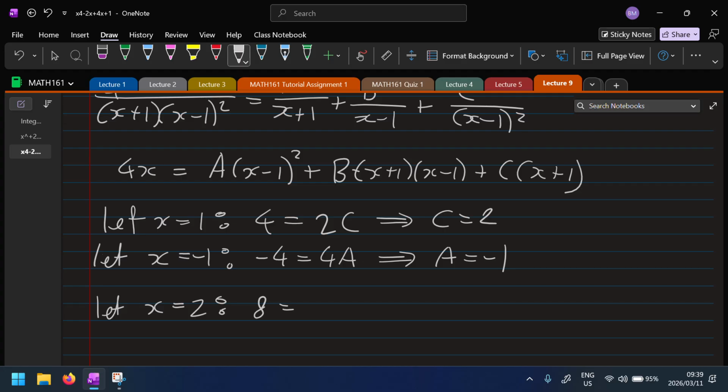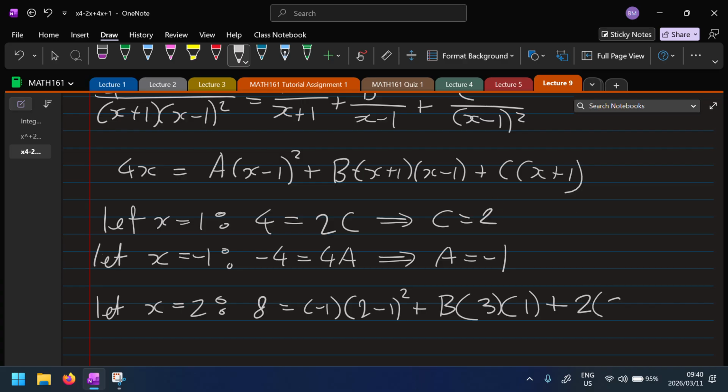Okay, then we have A. We know what A is. A is minus 1. X is 2. B, we don't know what that is, so we'll put B. And again, X is 2. And C, we know what that is, and X is 2.